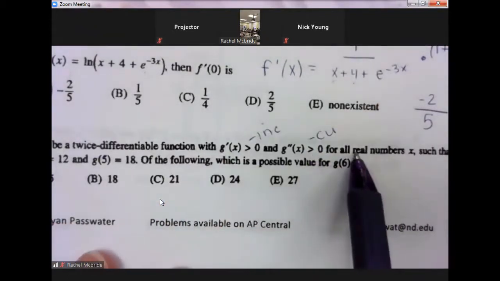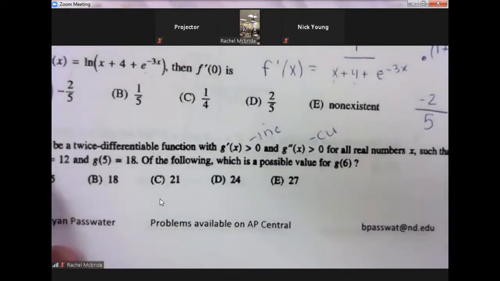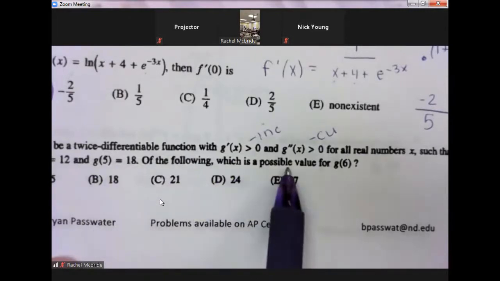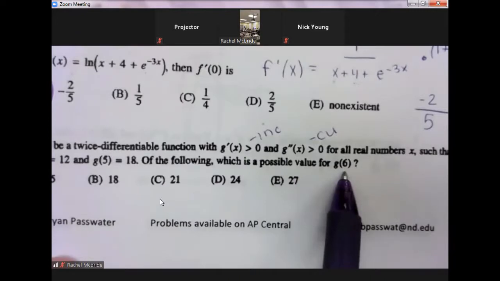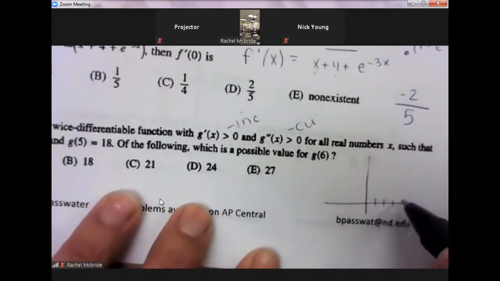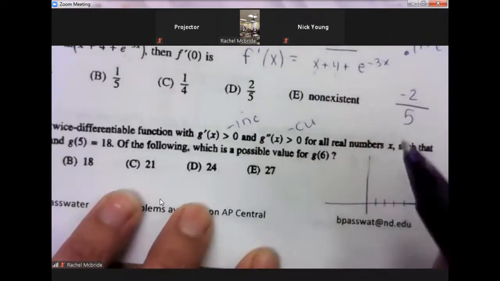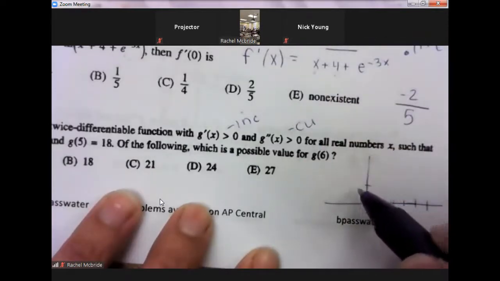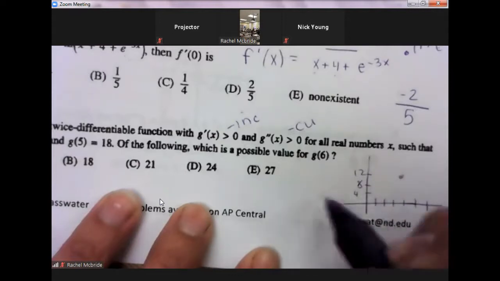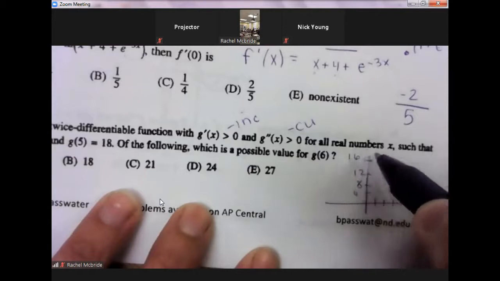It says for all real numbers x, such that g of 4 is equal to 12 and g of 5 is equal to 18. Of which of the following is it possible for g of 6? So again, I would kind of be like, okay, 1, 2, 3, 4, 5, 6. Almost like you said, 4 is at 12. 5 is at 18.